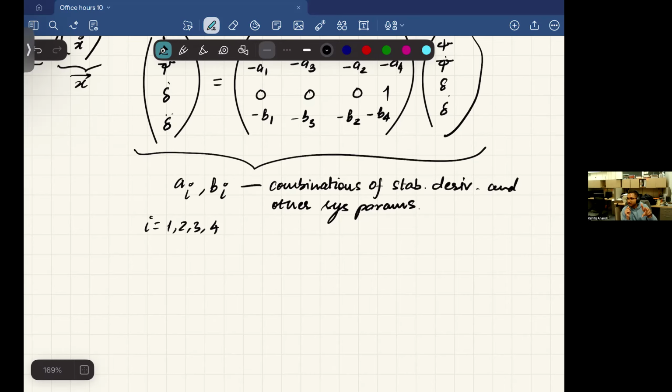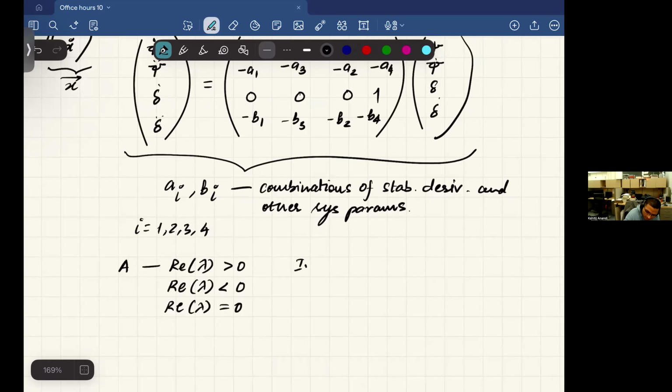If you plug in H beta equals 0, you are now going to look at the eigenvalues of the system. Once you have the A matrix, if the real part of the eigenvalue is greater than 0, it is unstable. If the real part is less than 0, it's stable. If the real part is equal to 0, it's marginally stable.